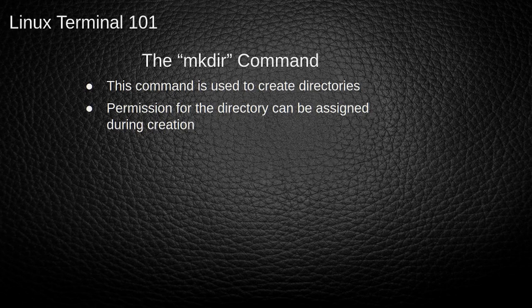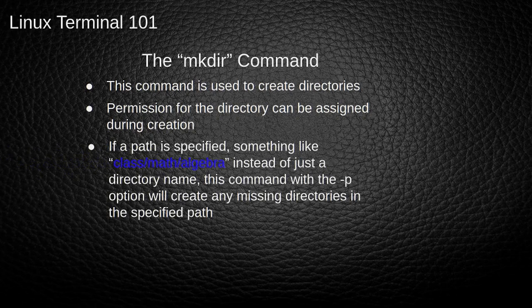Now, you don't just have to create directories within the directory you're working in. If you wanted to create a directory that's a couple directories deep in your tree, like a directory within another directory, you'd have to specify the path. And you'd also have to use an option, the -p.